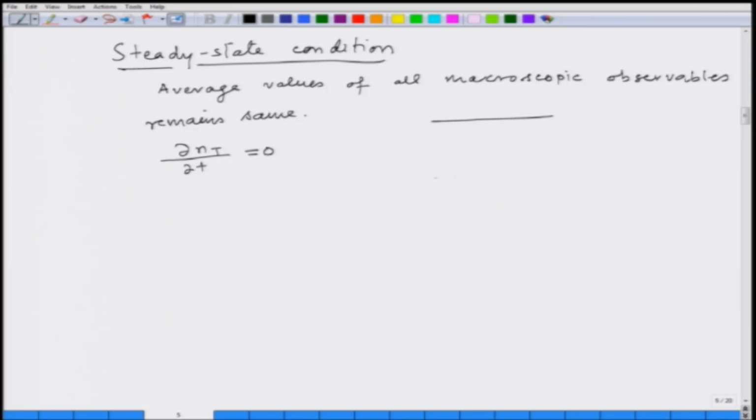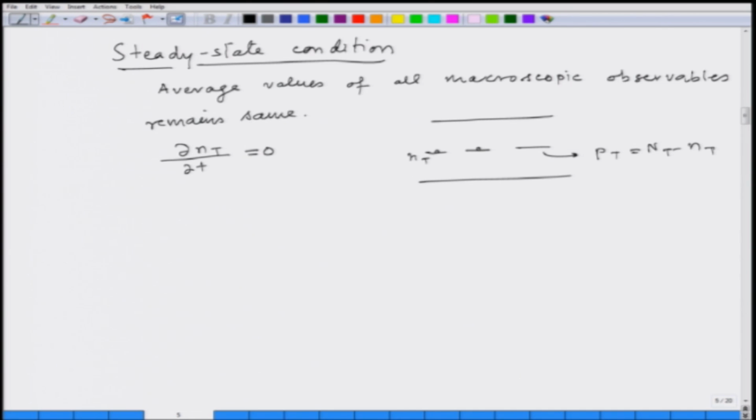So, if you have R-G centers, which is the case that we are discussing here, the number which is occupied, n of t, and the one which is not occupied, p of t, is not changing with time in a steady state.